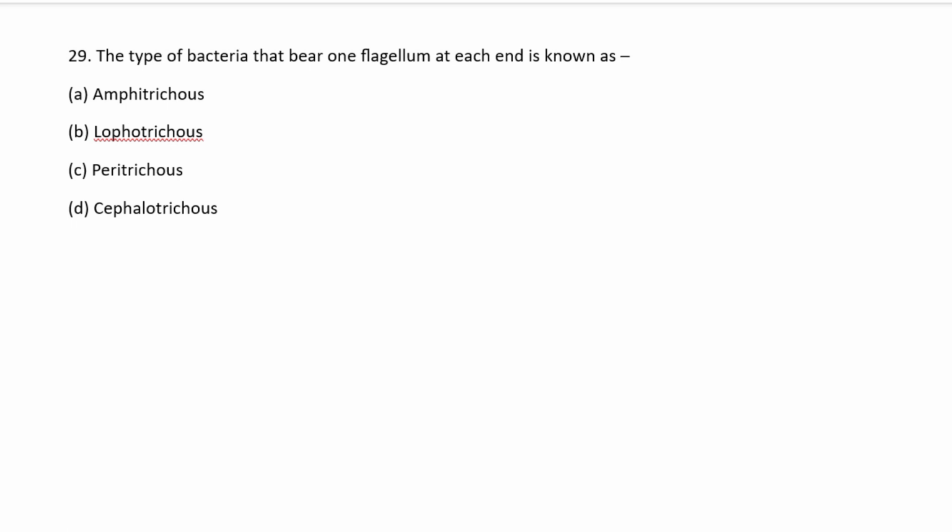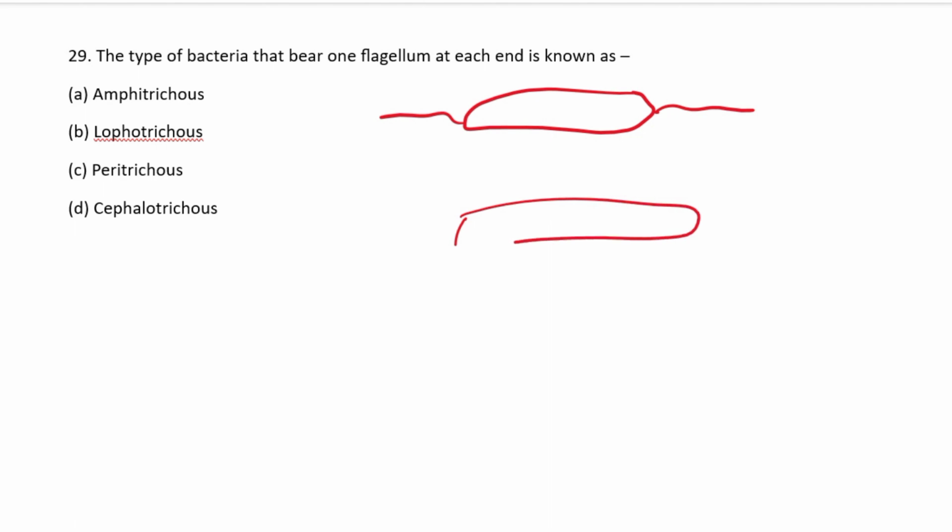Question number 29 says, the type of bacteria that bear one flagellum at each end is known as, which means this is a flagellum and it bears one flagellum at each end. So there are different types of arrangement of flagella. One is this, and one is in which there are multiple flagella at one side.